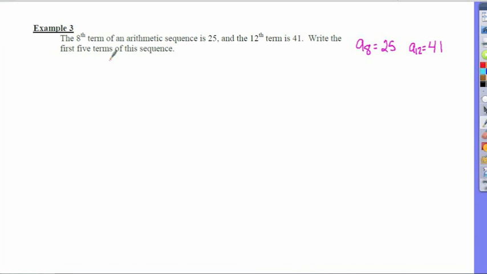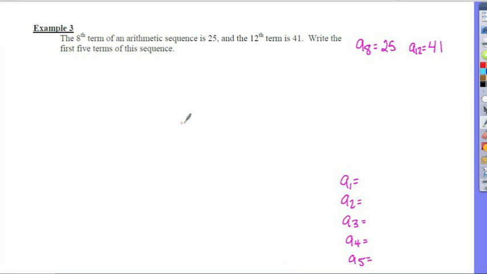And we want to write the first 5 terms of the sequence. So I want to write A1, A2, A3, A4, A5, and I want to do this using equations. I want to write the general equation, and I want to go back and figure out the first 5 terms.